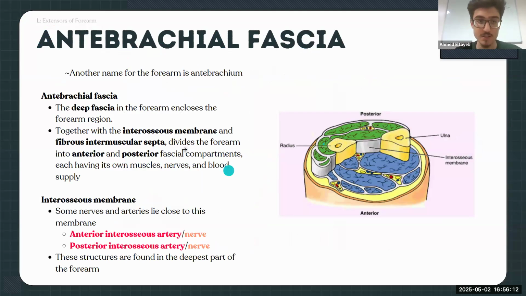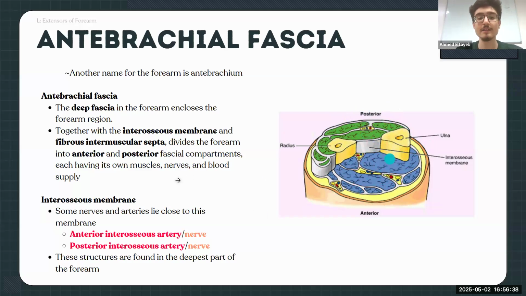You're going to come across the antebrachial fascia, which is a deep fascia enclosing the forearm region entirely. Together with the interosseous membrane, which joins both the ulna and the radius, as well as the fibrous intermuscular septa, it's going to divide the forearm into two compartments, a posterior compartment and an anterior compartment. And it also separates the nerves, the arteries, and the muscles.